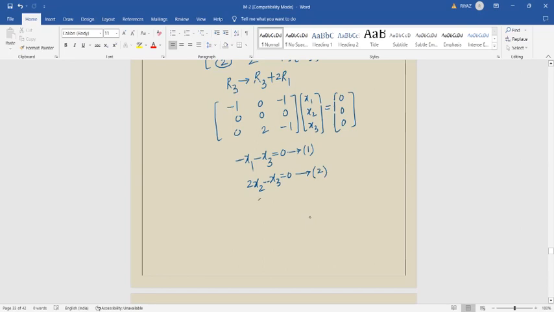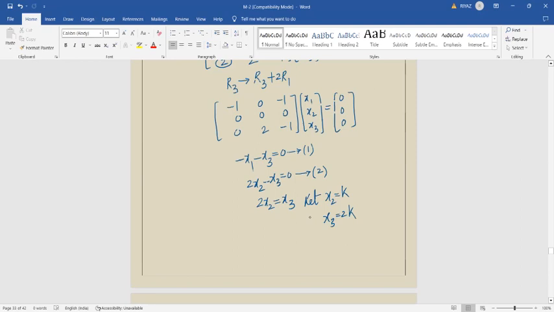If we simplify the second equation, can we say 2x2 is equal to x3? If we assume the x2 value is equal to k, then x3 becomes 2k. So if you get x2 and x3, you will get x1 easily.